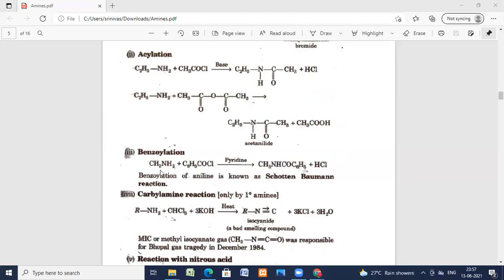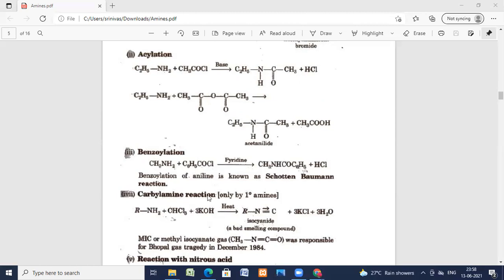The benzoyl group is added. Benzoylation of aniline is called the Schotten-Baumann reaction. The compound formed in this reaction is benzanilide.